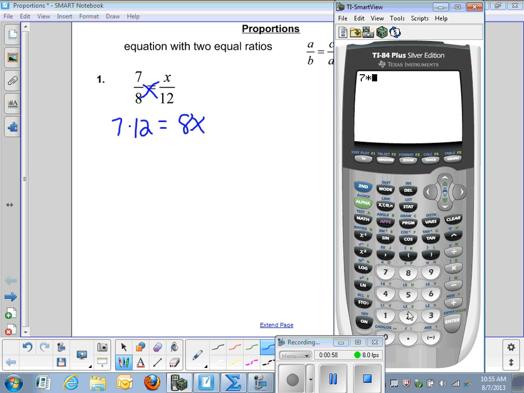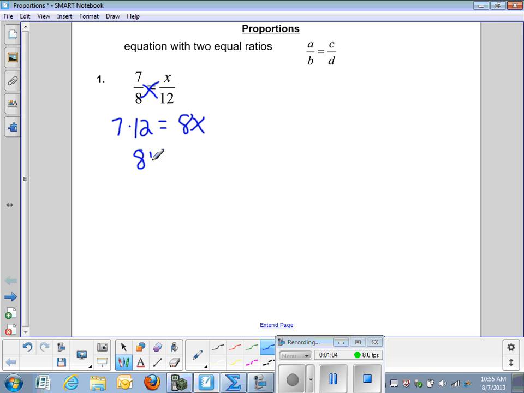Seven times 12, enter, is 84. We divide by 8. 84 divided by 8.